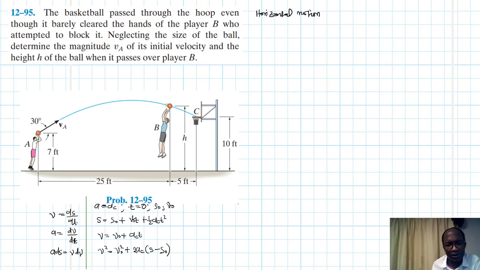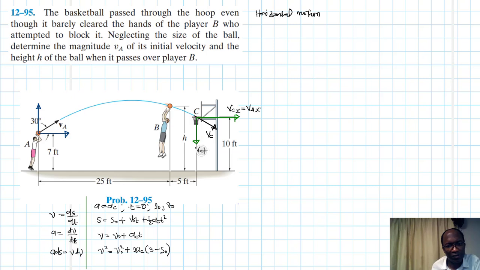Let's write down the components. Here we have a vertical component, and the horizontal component is constant throughout. We have the final velocity, which will also have components: the vertical one and the horizontal one, which is constant. This one is VC, and then we have VCX, which is equal to VAX.